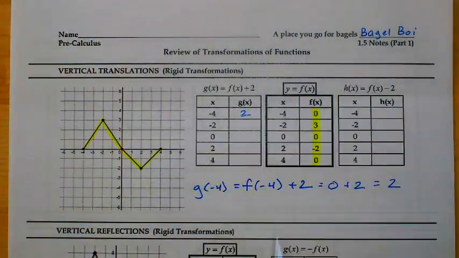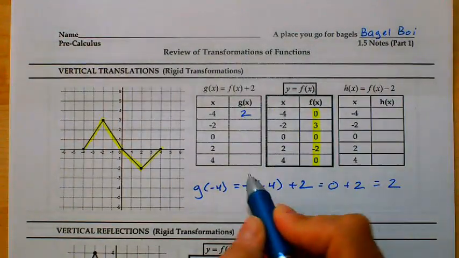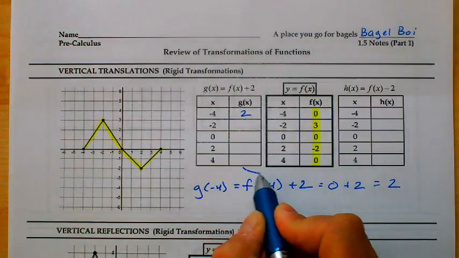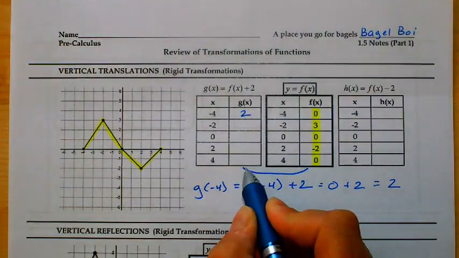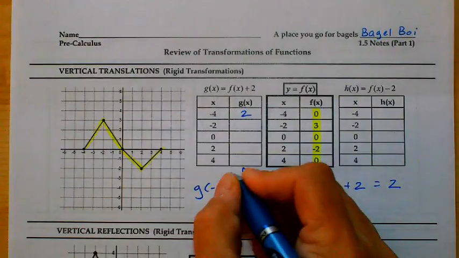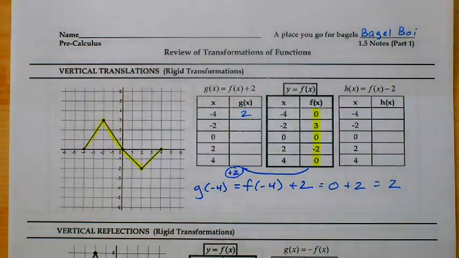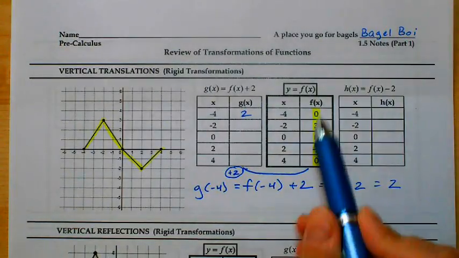So let's put that in the chart there. And as we think about what just happened, the real rule that's being added here is that to go from the original y values to the new y values, to each one of them we should add a value of 2. So let's make that happen together.